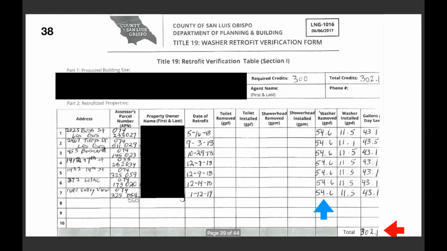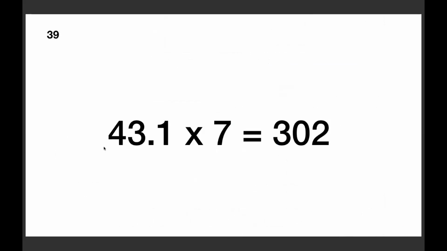In this example, 7 washers were replaced to achieve the offset requirement, and the total water savings is assumed to be 302 gallons.